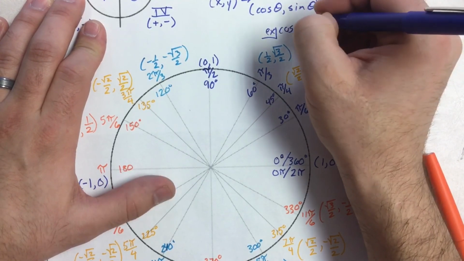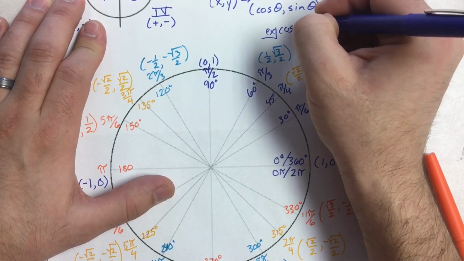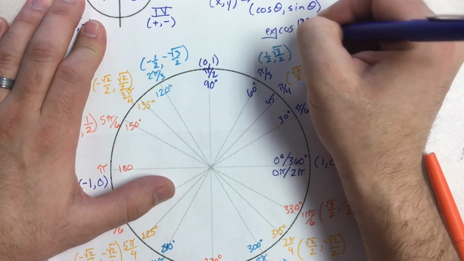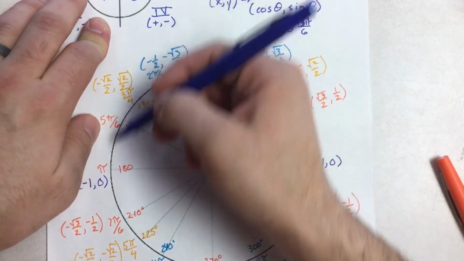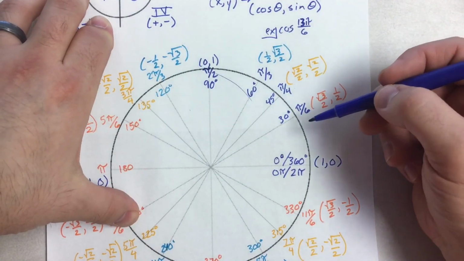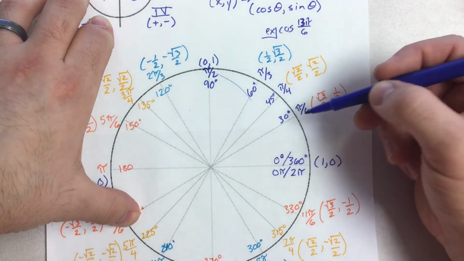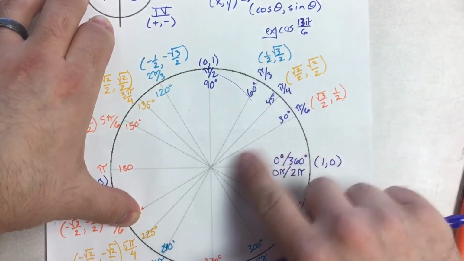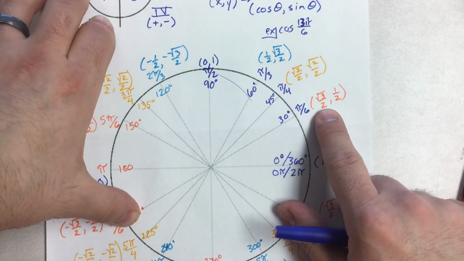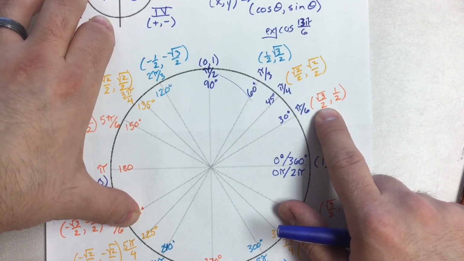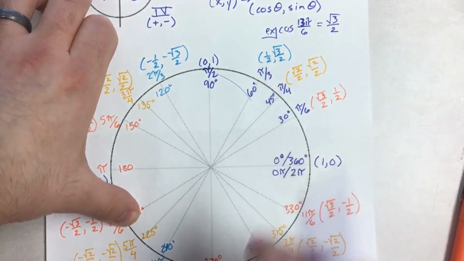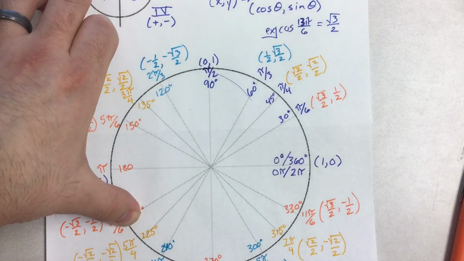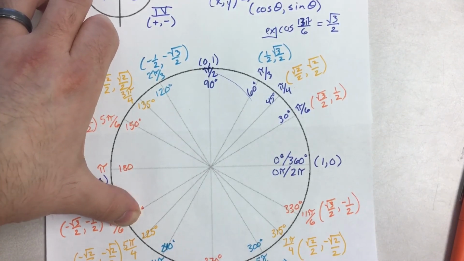Cosine of 13 pi over 6. So that's greater than 2 pi. That brings me to the first quadrant. Pi over 6, cosine is square root of 3 over 2. And just like that, I have the value for that ratio.